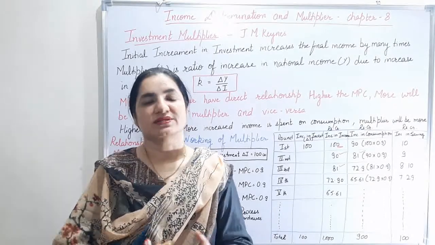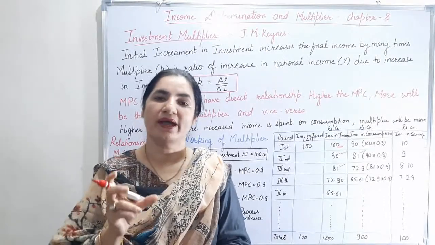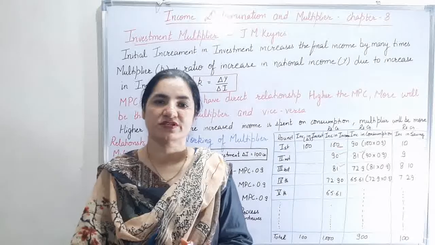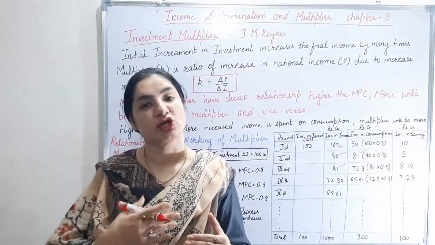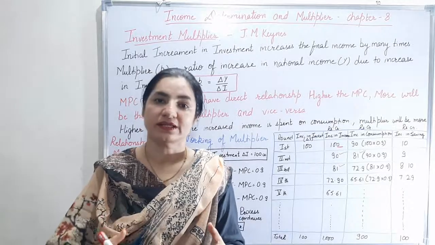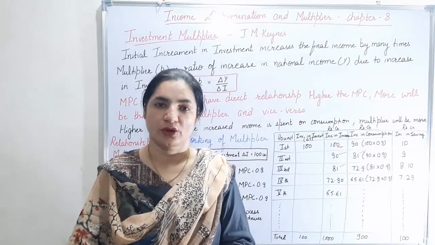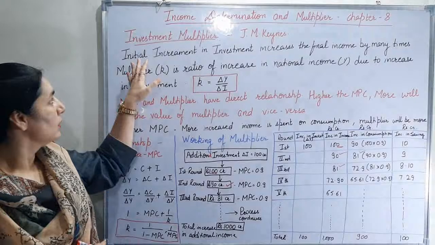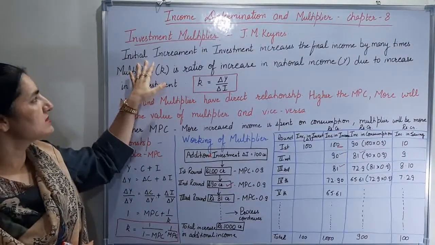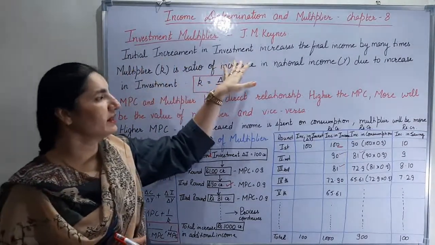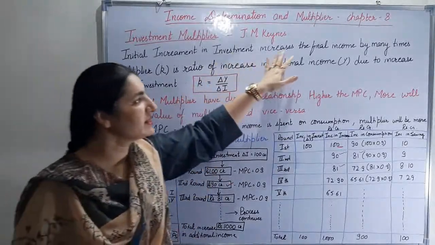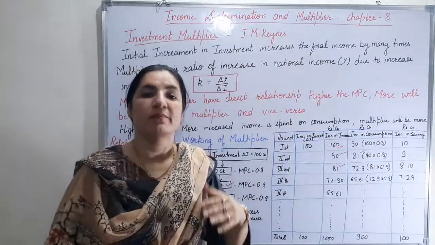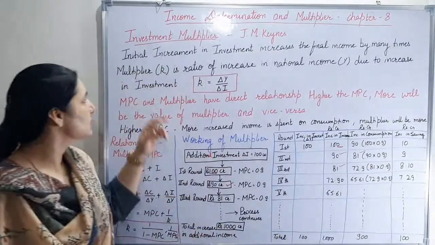So in this concept, we will understand how by making a small amount of investment, multiple times and for a very long period, the return can be obtained in the economy. Investment multiplier means that the initial increment in investment, that is, additional investment made, increases the final income by many times.